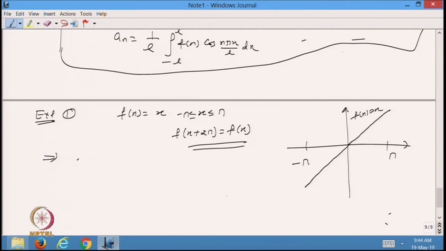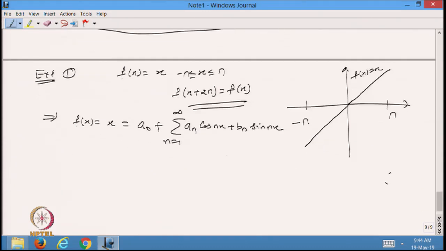Basically, f(x) is equal to x is equal to a 0 plus summation of a n. Now, in this case my L is pi. So, I know that this becomes cos n x plus b n sin n x.